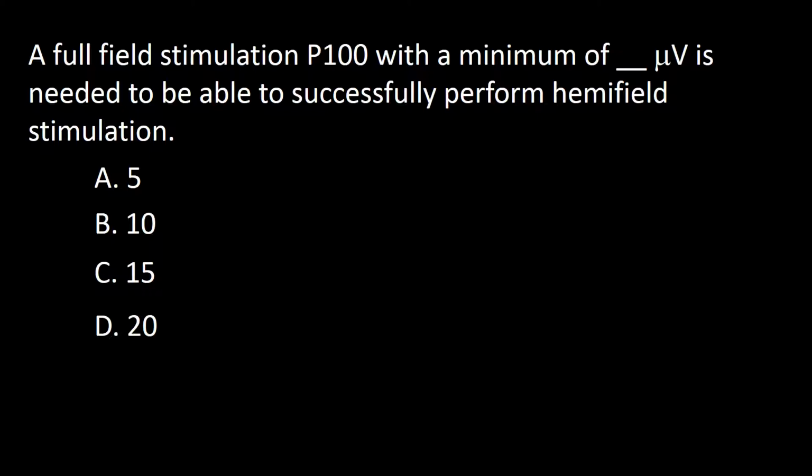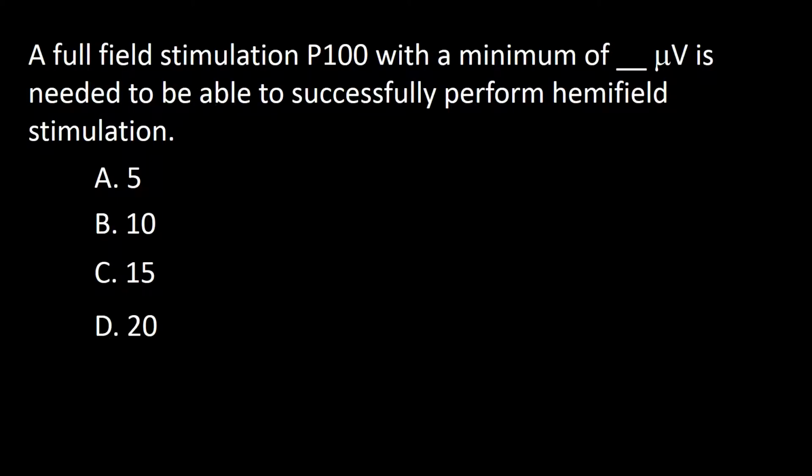Next question. A full field stimulation P100 with a minimum of blank microvolt is needed to be able to successfully perform Hemifield visual evoked potentials. A 5, B 10, C 15, D 20.